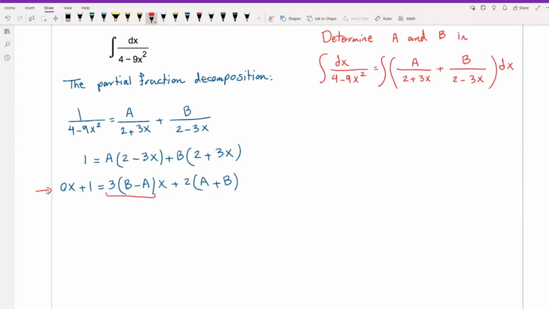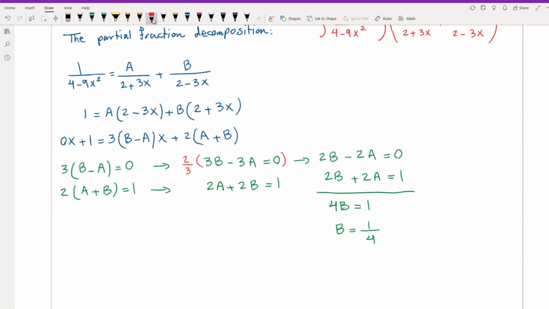The coefficient of x should be equal to the coefficient of x that we have on the left, and that is 0. So 3 times b minus a equals 0. And what we have here, a plus b times 2, is equal to 1. So what we have is 3 times b minus a equal to 0, and 2 times a plus b equal to 1.